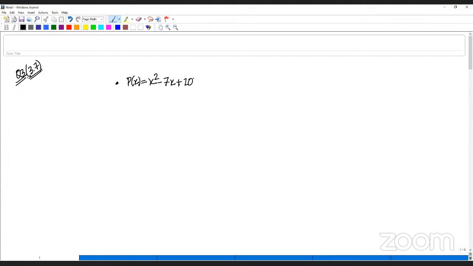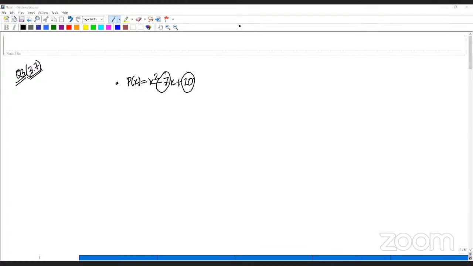Sir, can we use the completing the square method here? Okay, so see, x minus 5 into x minus 2. The best way is to guess the roots, you can easily guess them. As you can see, this is the sum of the roots, which is basically -7, and the product of the roots is 10, right?